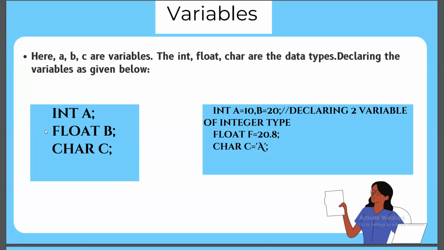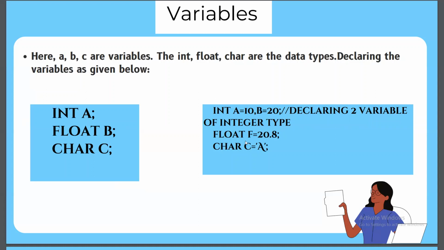You need to write the whole spelling in small case, in lower case. So int a, float b, char c. Char c takes characters, int a takes integers, float b takes decimal values. Here, see, int a = 10, b = 20. In the comments we have written: declaring two variables of integer type. So here we have declared two variables, first is a and second is b, which take the values 10 and 20 respectively.